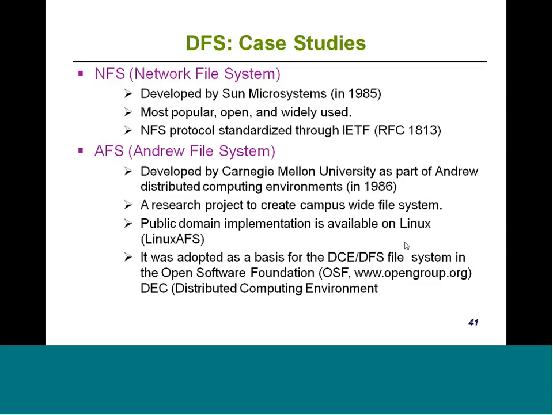It's most popular and it's an open file system, and it's used pretty much universally today. Also, the NFS protocol itself is standardized through a particular standard, known as RFC 1813.